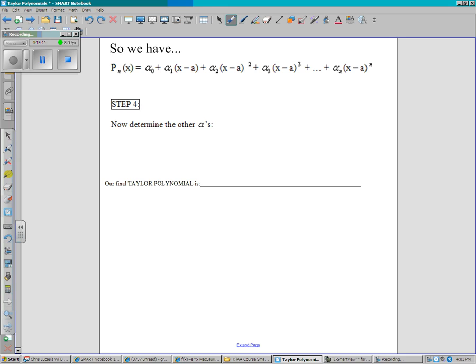Now, what we want is for the rate of change of f double prime to agree with that of p double prime at x equals a. So basically, we want the third derivatives to agree.